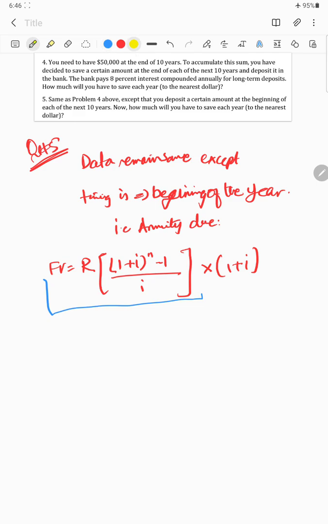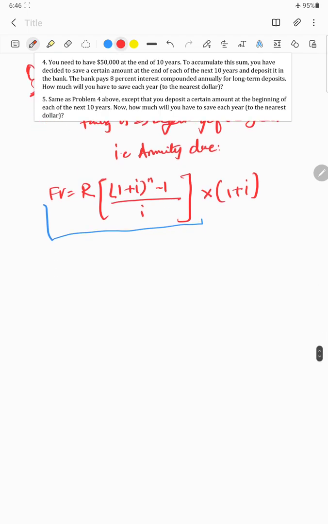The only difference is this factor, the 1 plus I factor. So if it's an ordinary annuity, you will not use this. If it's an annuity due, you will use this, which means that you will add 1 plus I additionally at the end of your formula.